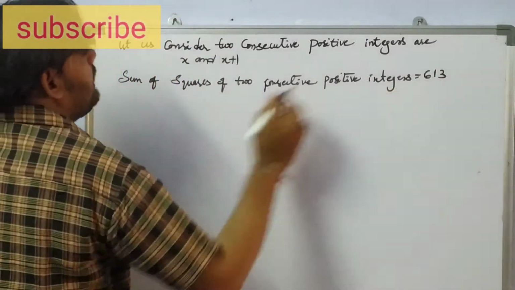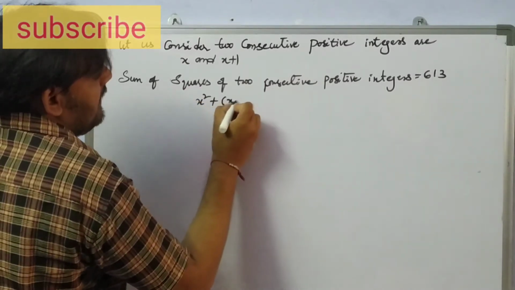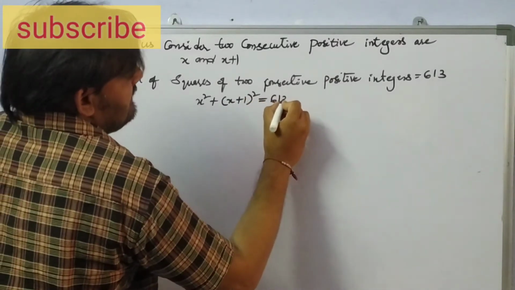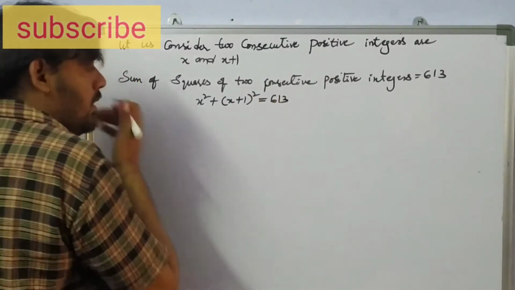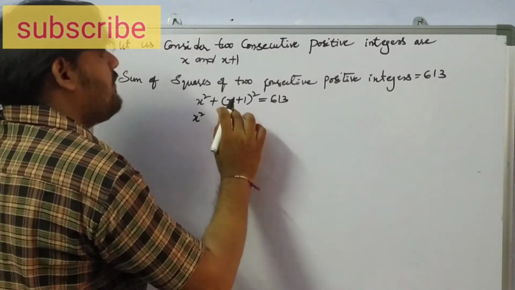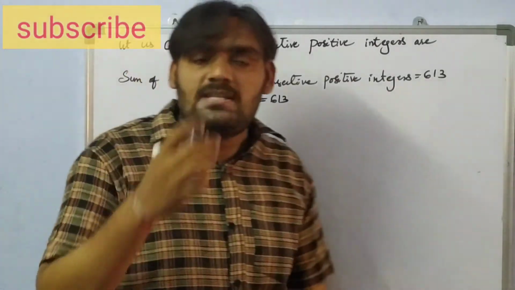If you write in the expression form, it will become x square plus x plus 1 whole square is equal to 613. Now x plus 1 whole square is in the form of a plus b whole square. So a plus b whole square is nothing but a square plus b square plus 2ab.